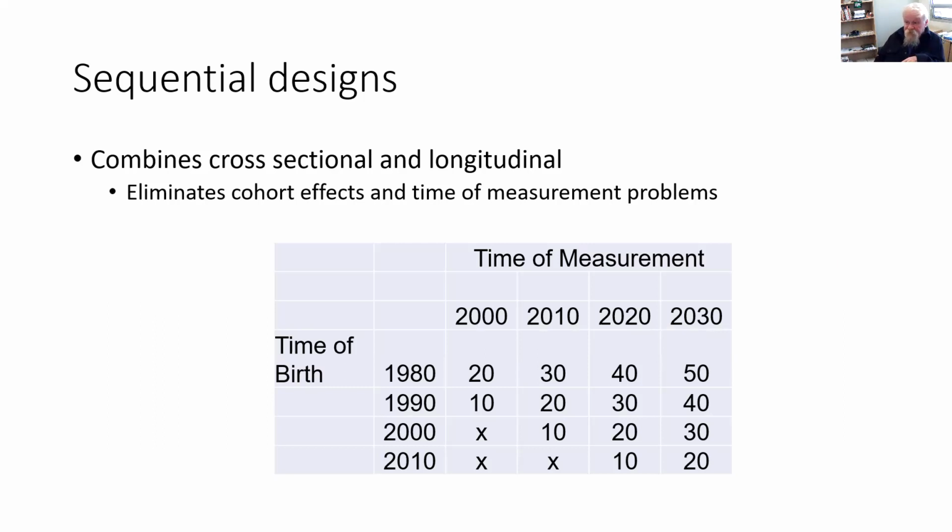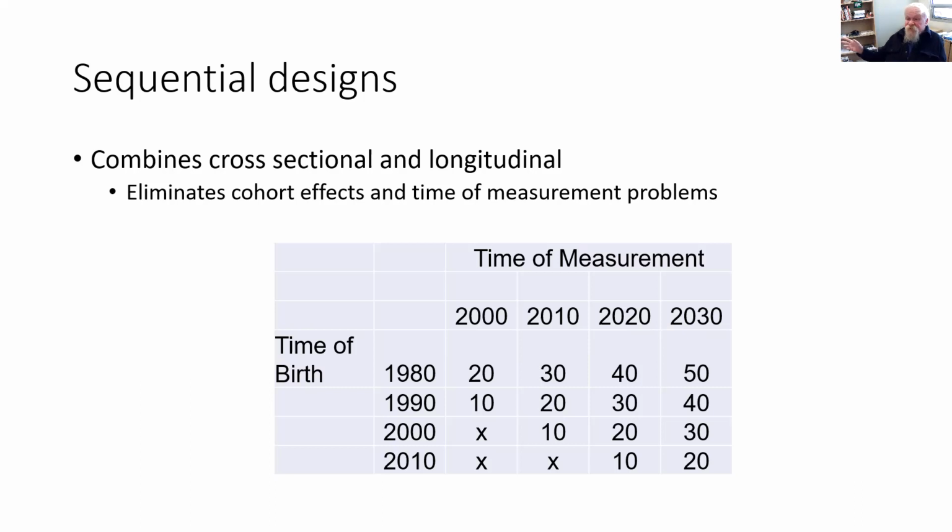And then during the first part of your research study in 2000, you might have also people who were born in 1990, and they would be 10 years old at that time, right? They would be 20 in 2010, they'd be 30 in 2020, etc. Okay. So now you're getting people from different cohorts who join your study, and then you can look at the differences or similarities in their behaviors over each snapshot in the longitudinal design, okay?